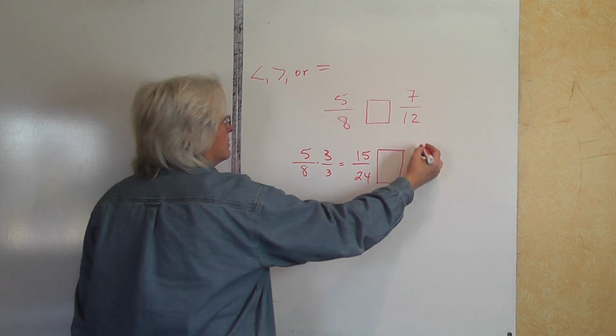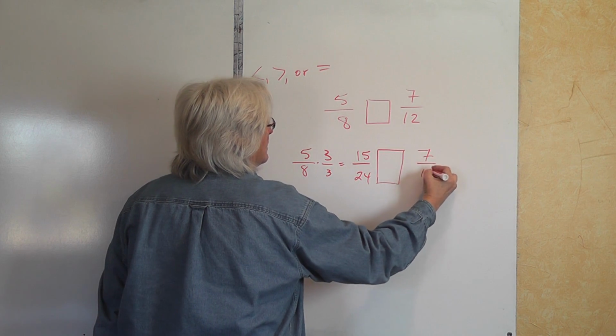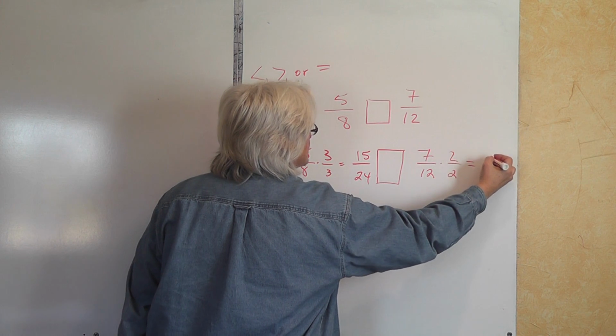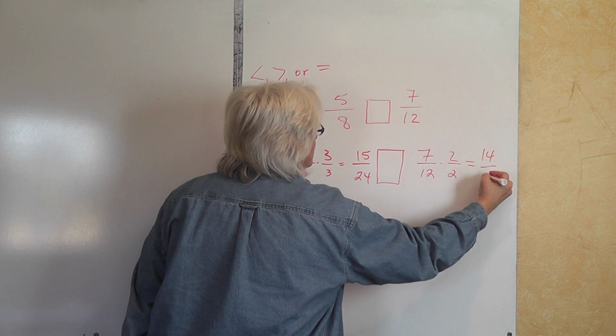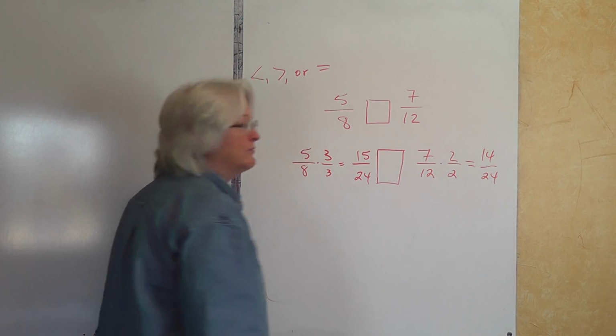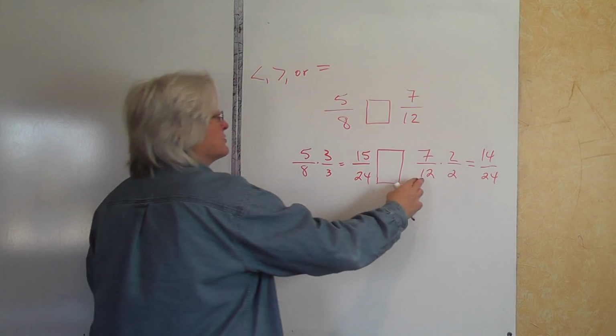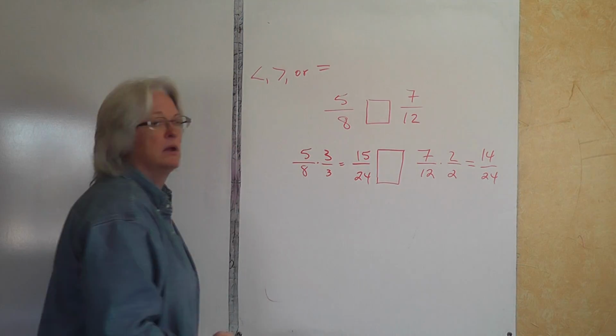Now here, we have 7/12ths times 2 over 2 gives us 14/24ths. I multiplied by 2 divided by 2 because 12 times 2 is 24.